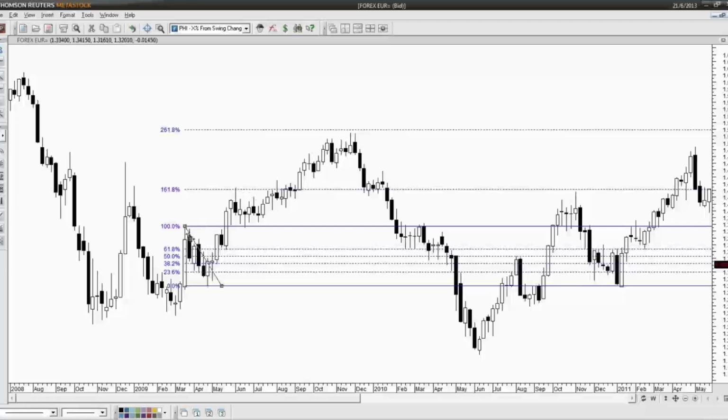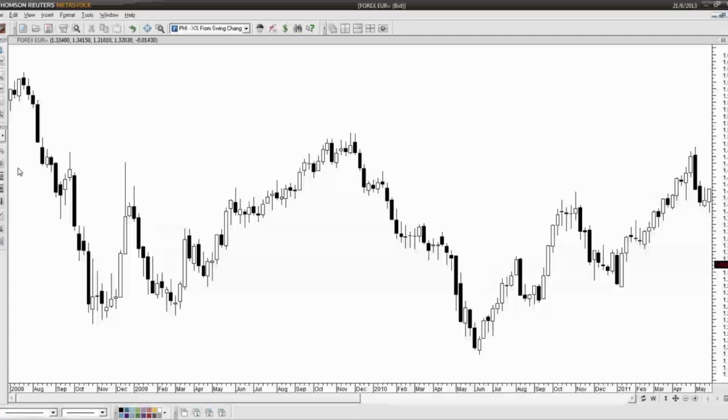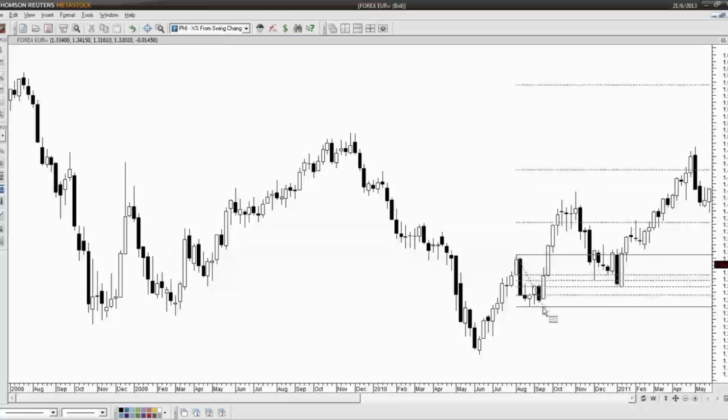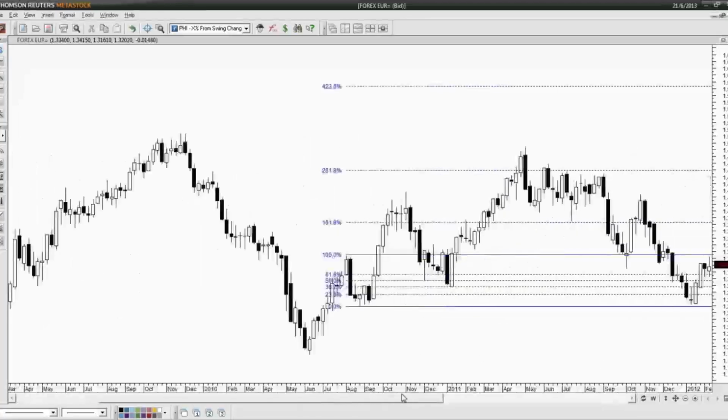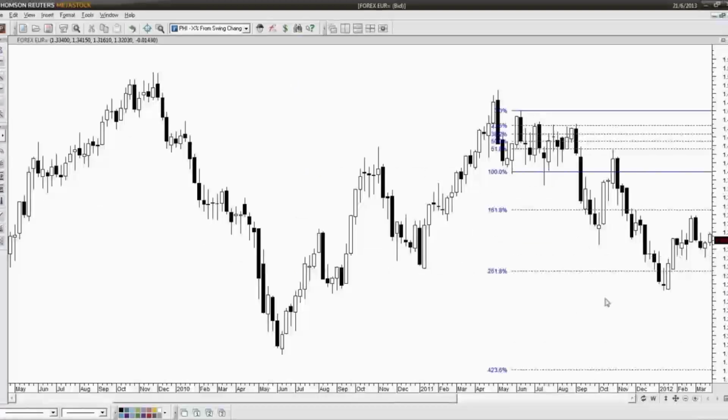If you put this at the correct level, you see 161 comes down, 261 the market crashes. Again we had another failure swing here, definitely the market 161, 261, and after that the market goes down. So again you have a swing here, 161, 261.